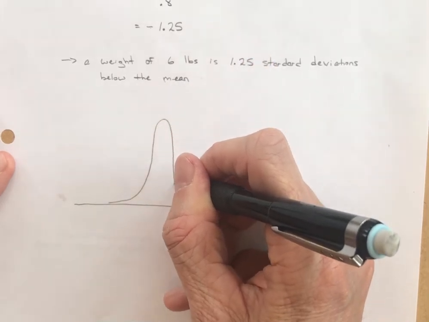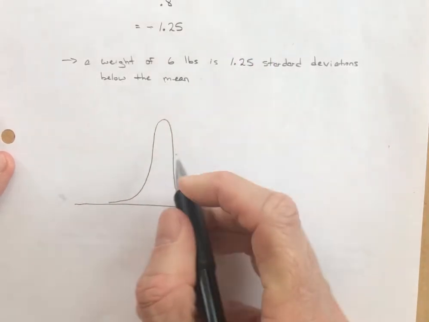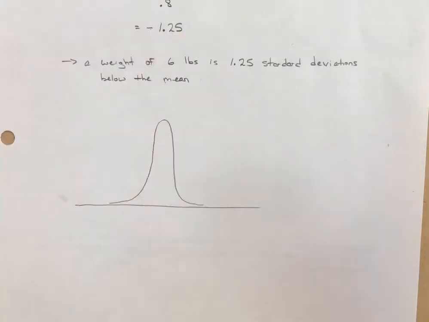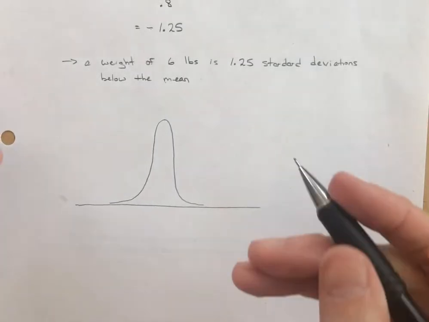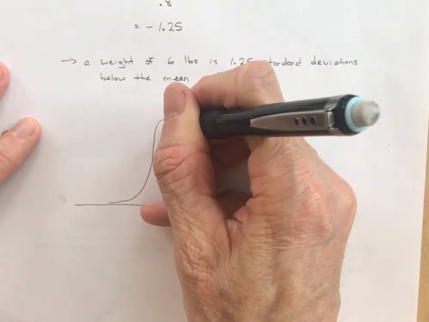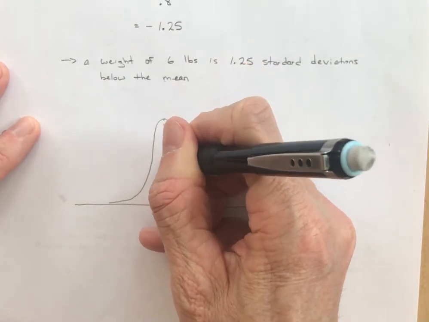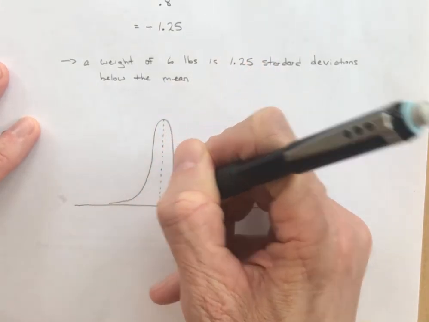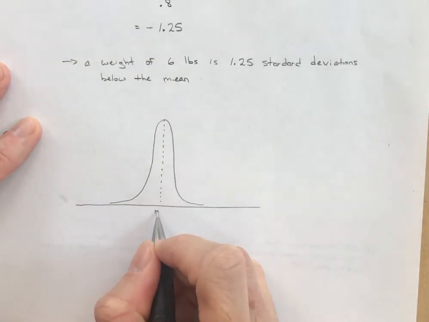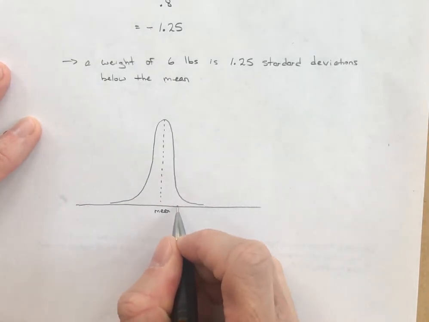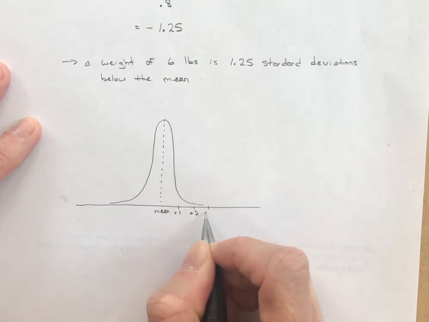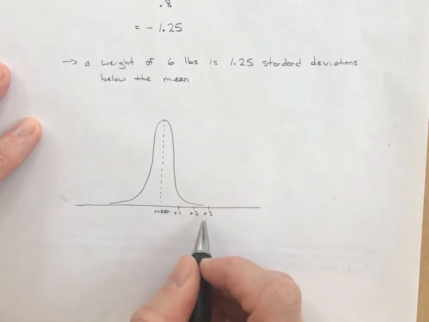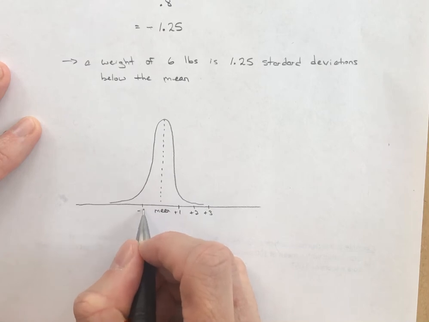It's still a bell curve, but it's a taller, tighter bell curve because we have such a small standard deviation. Okay, so here's our mean. And we still have a +1, a +2, and a +3. I've kind of randomly put these on here to some degree.